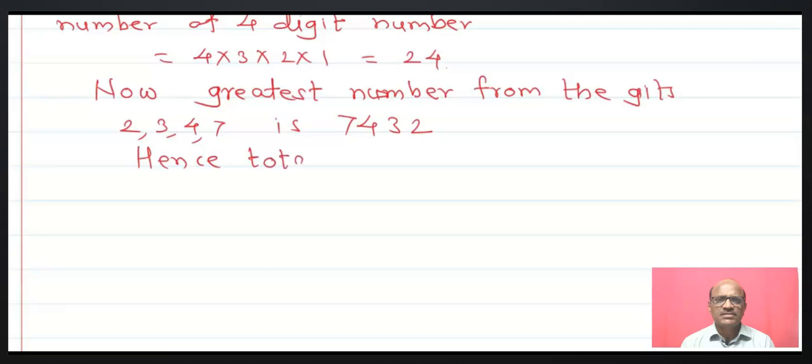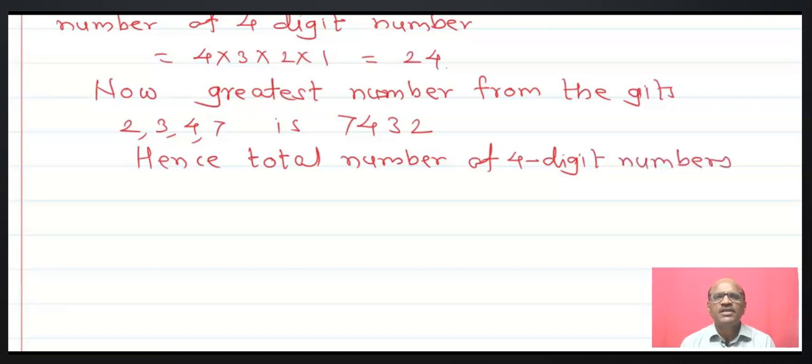Hence, we can form this type of the greatest number, that is, it is included in 24. Hence, the total number of 4-digit numbers not maximum is equal to 24.